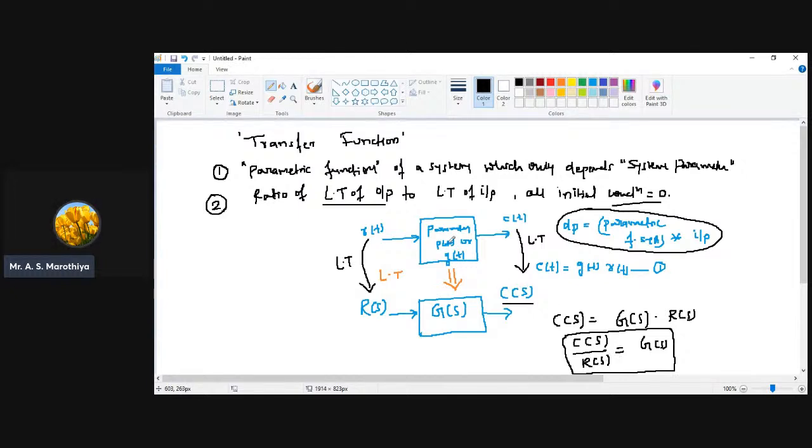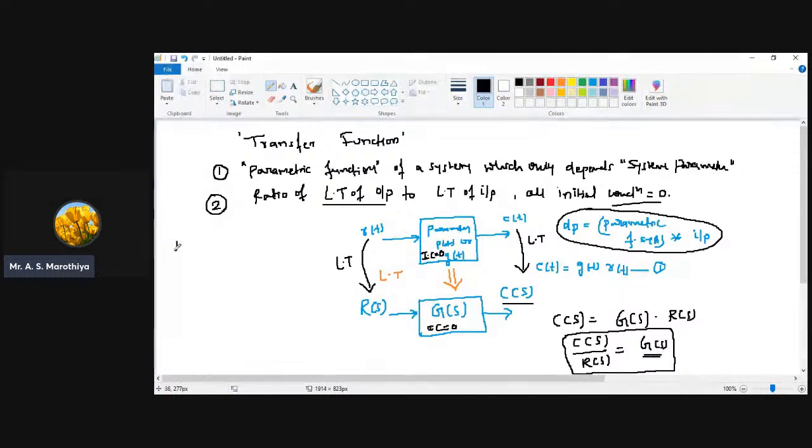And while defining this parametric function, we assume all initial conditions, I can write here as IC, are nothing but 0. So hence this ratio of C of S by R of S is the transfer function for this particular system.